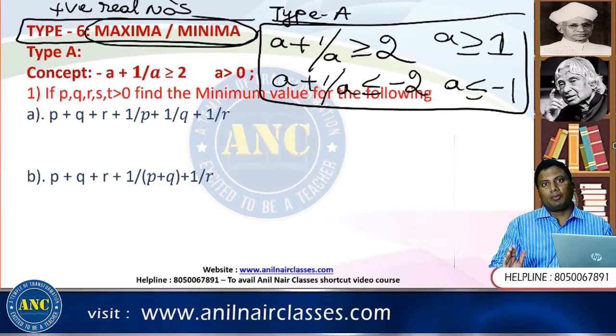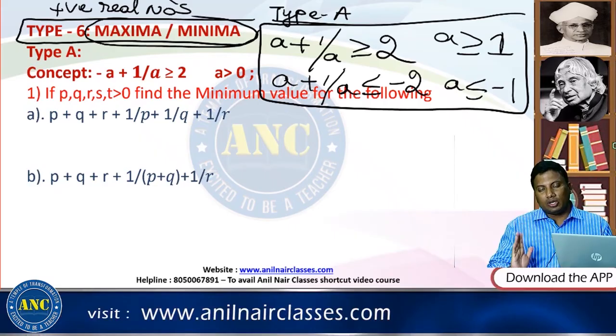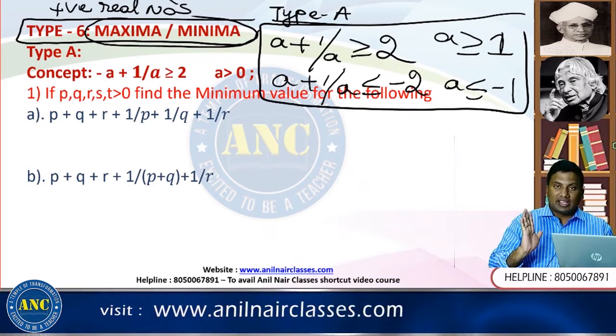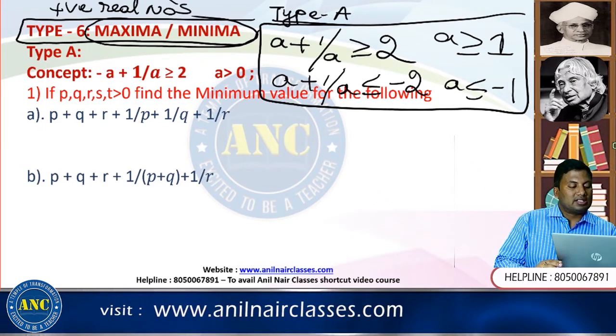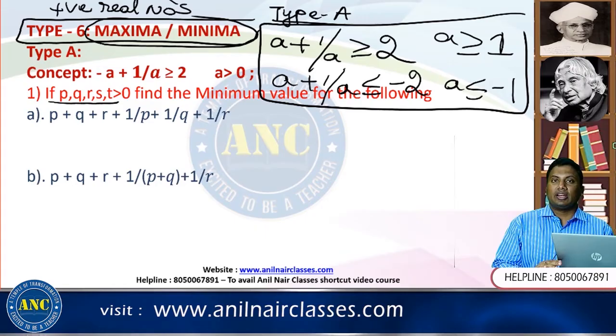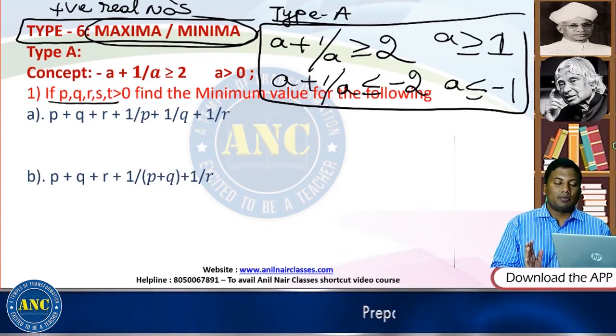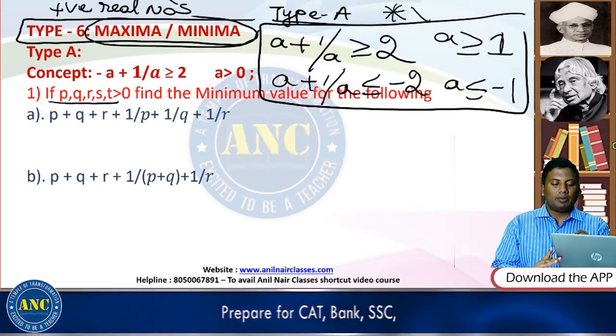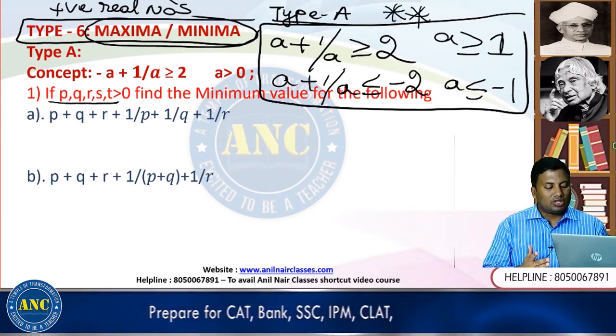If A is negative, then the maximum value is minus 2. That is exactly the reason it is given that all are greater than 0. That means they all become positive real numbers.